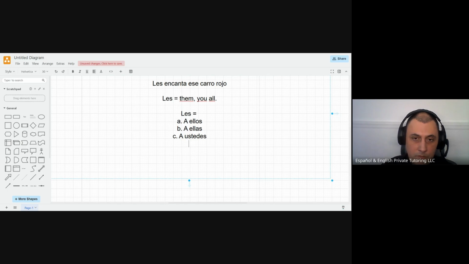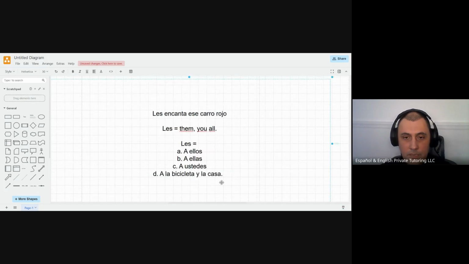So for example, a la bicicleta y la casa, just to give you an example, is plural. In this case, I'm saying bicycle and house.